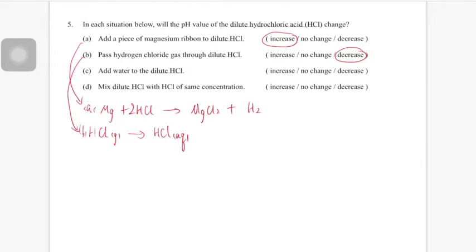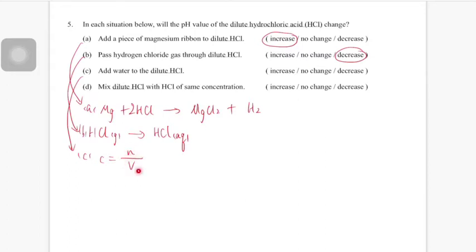Okay, then part C, add water to the dilute hydrochloric acid. Okay, again, let's think about it. Concentration equals number of moles over volume, volume of the solution. Now here we have the same amount of hydrochloric acid.